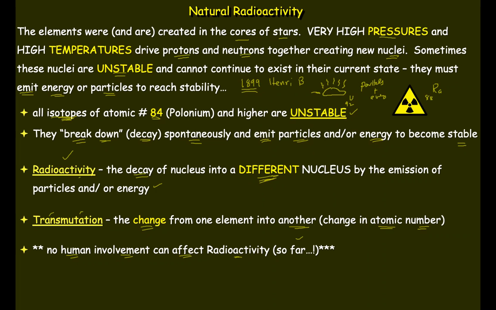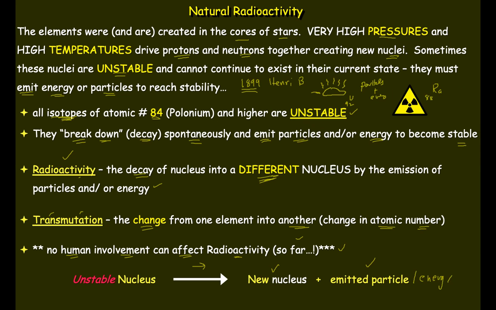It's going to do this anyway until it becomes stable. So this is a naturally occurring thing. Okay, so a way you can write a short little reaction from this, a nuclear reaction simply, or a natural reaction, is we could take our unstable nucleus, okay, and then we draw an arrow, and that changes into a new nucleus and some type of emitted particle and or energy.